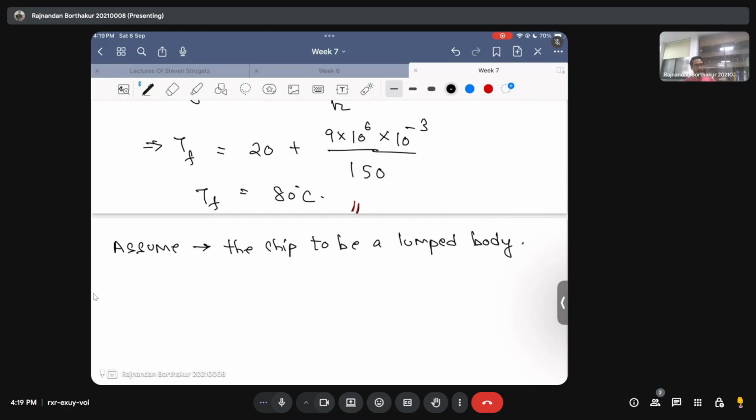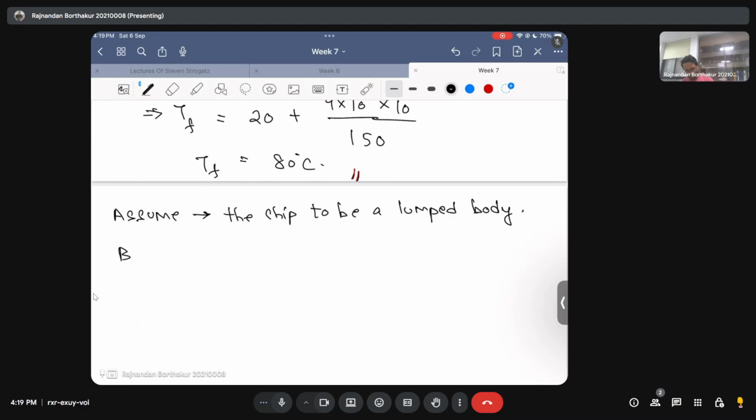But as I highlighted, there is a uniform volumetric heat generation. So this means that you cannot directly apply the formula (T minus T infinity) by (Ti minus T infinity) equal to exponent of minus Biot times the Fourier number in this scenario.